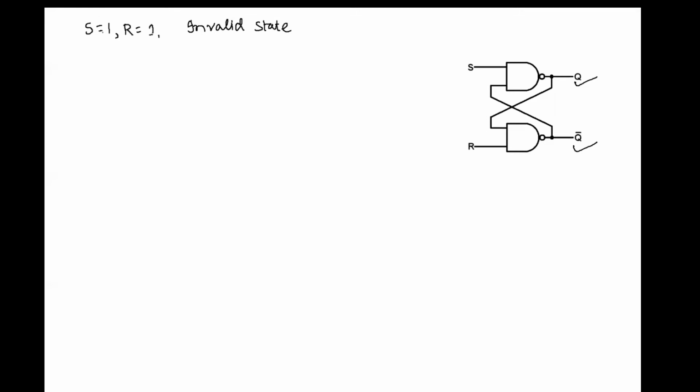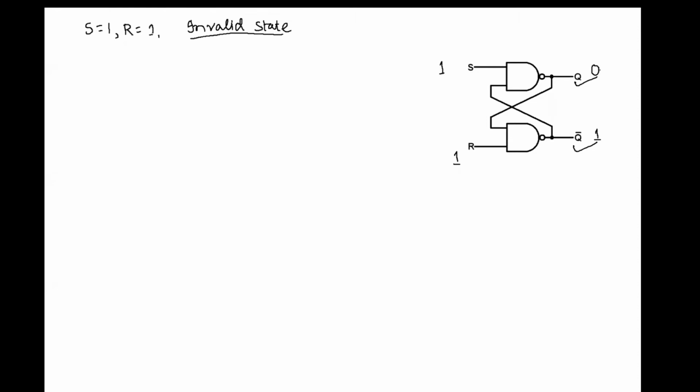When S is equal to 1 and R is equal to 1, suppose this is 1, this is 1, and the previous output is 0 and 1. Now what will happen? The problem is that you get an invalid state.